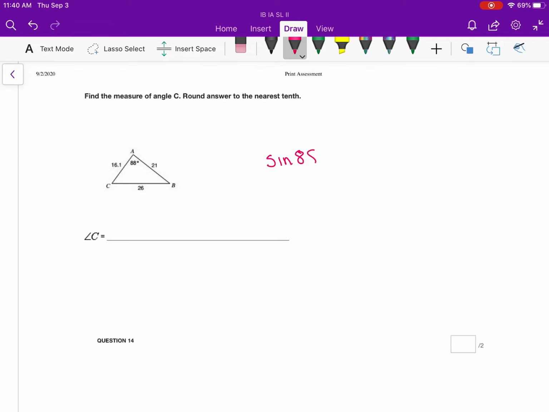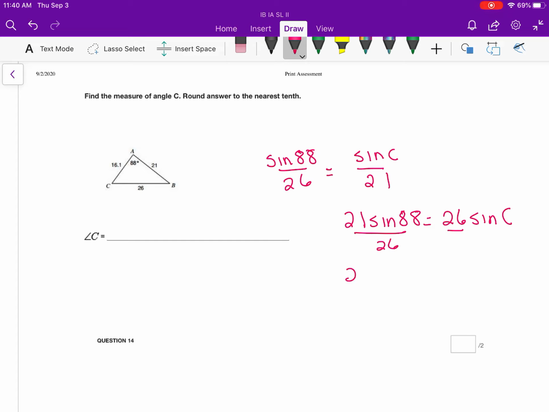Same thing for this next question. Sine of 88 over 26 equals sine of c over 21. All right, so cross multiply. And then when you divide both sides by 26, you get sine 88 over 26 equals sine c.